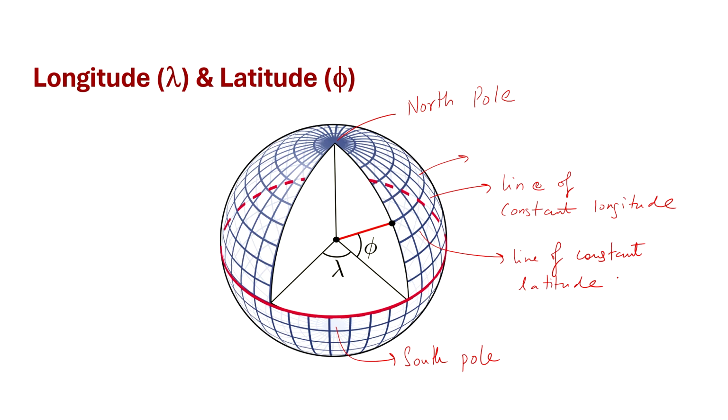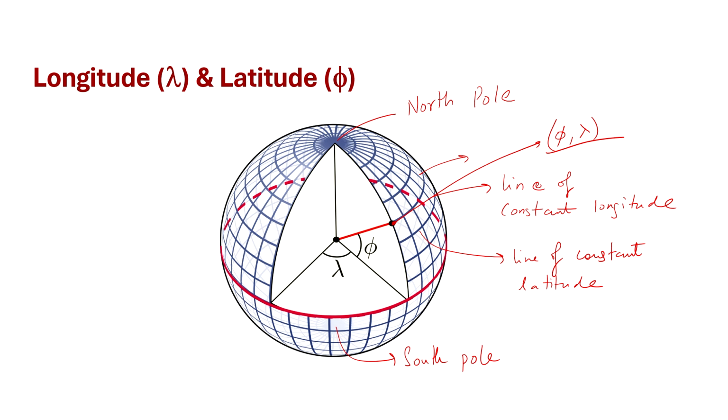So for a given position you will have a given phi and lambda.